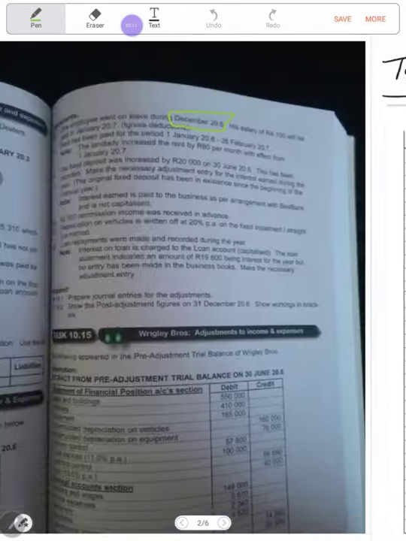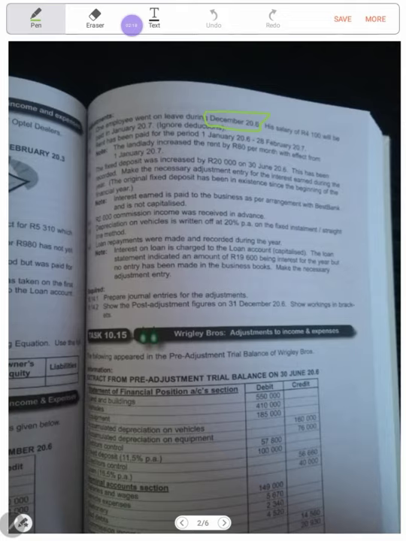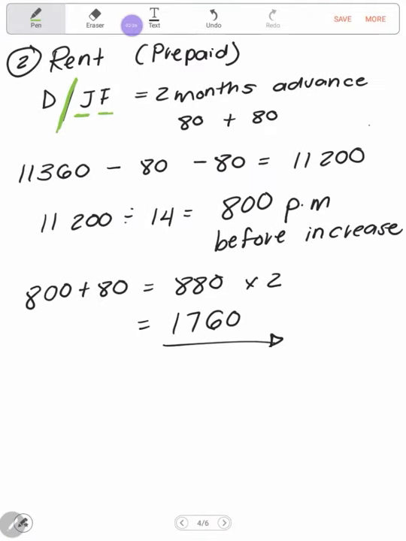But they note that there has been an increase. Again, we'll read it. Rent has been paid for the period 1st of January 20.6 to the 28th of February 20.7. All right. So we've paid in advance 2 months. So that means we paid an extra 80 Rand in January and an extra 80 Rand in February.